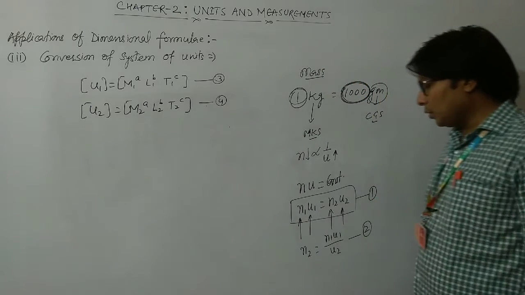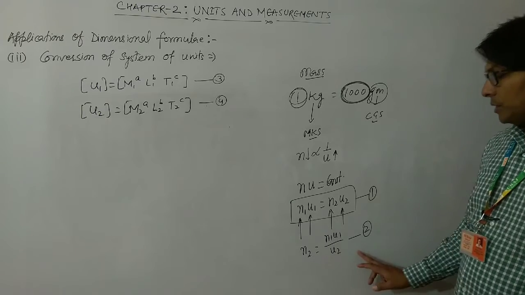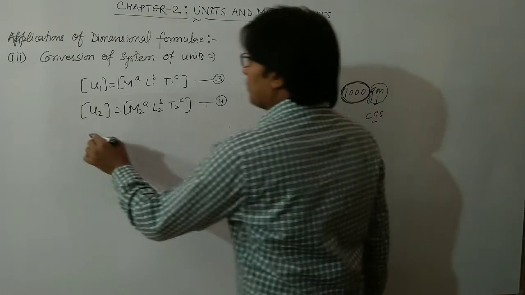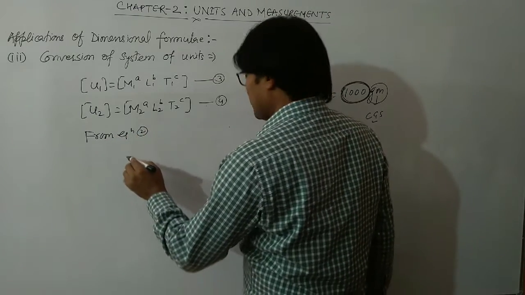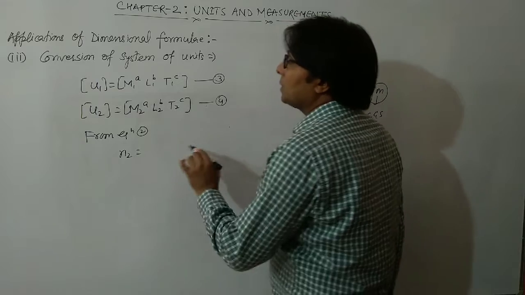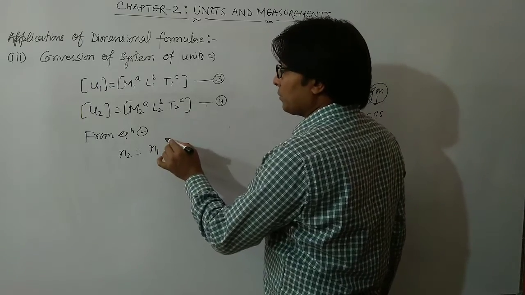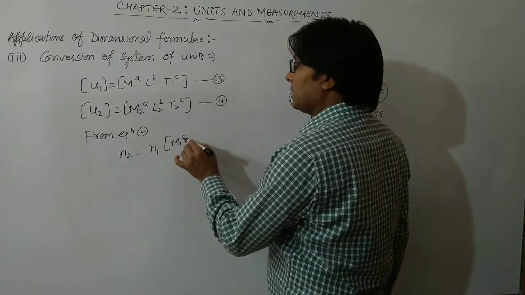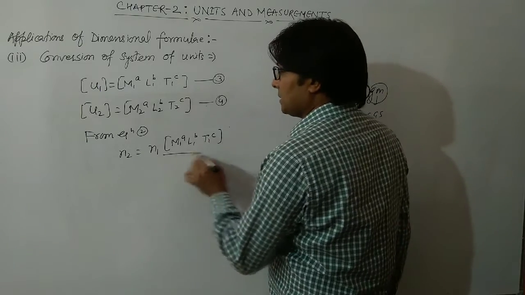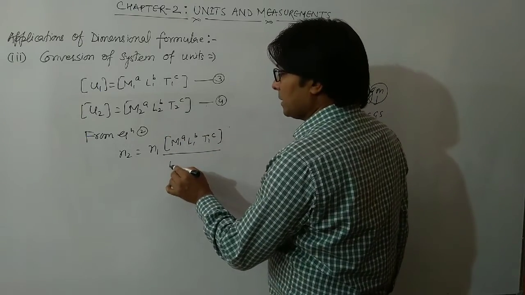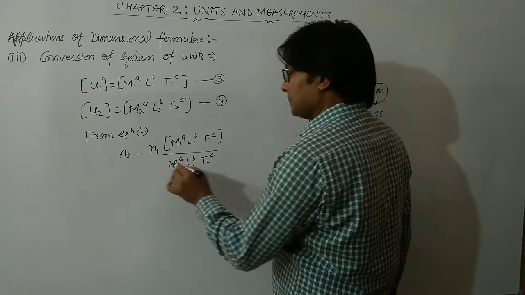Now putting the values of U1 and U2 into equation second, we can write N2 is equal to N1, and in place of U1 we write M1^A, L1^B, T1^C, and in place of U2 we write M2^A, L2^B, and T2^C.